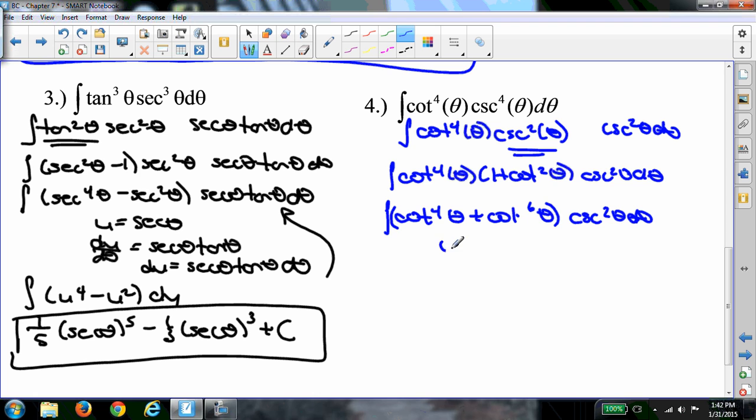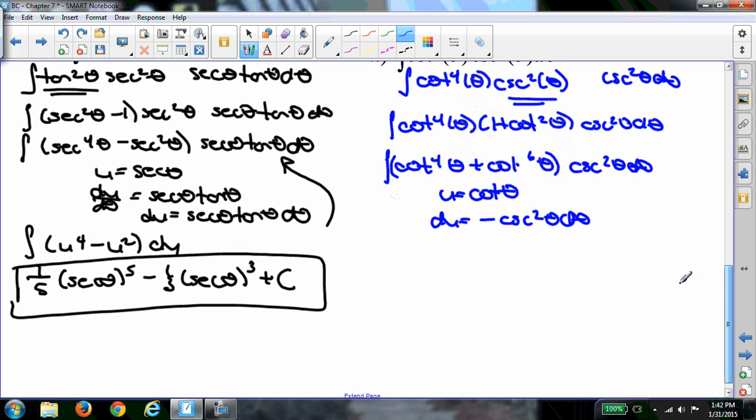If I let u equal cotangent theta, then the derivative is going to be negative cosecant squared theta, d theta, for the differential. And now if I substitute, I have u to the fourth plus u to the sixth, and then cosecant squared theta, d theta, would be negative du.